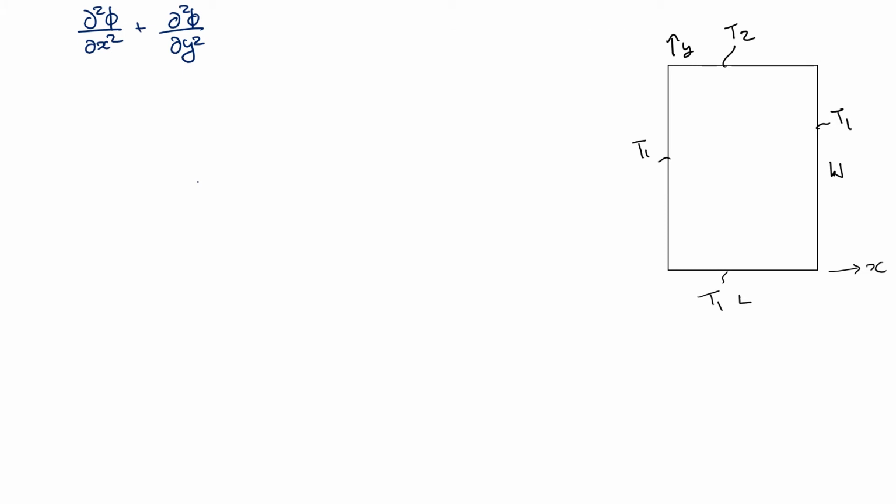Okay, so this is our heat diffusion equation in terms of phi, and let's see how our boundary conditions look like in terms of phi as well. So let's define phi first again. So our phi is T minus T1 upon T2 minus T1.